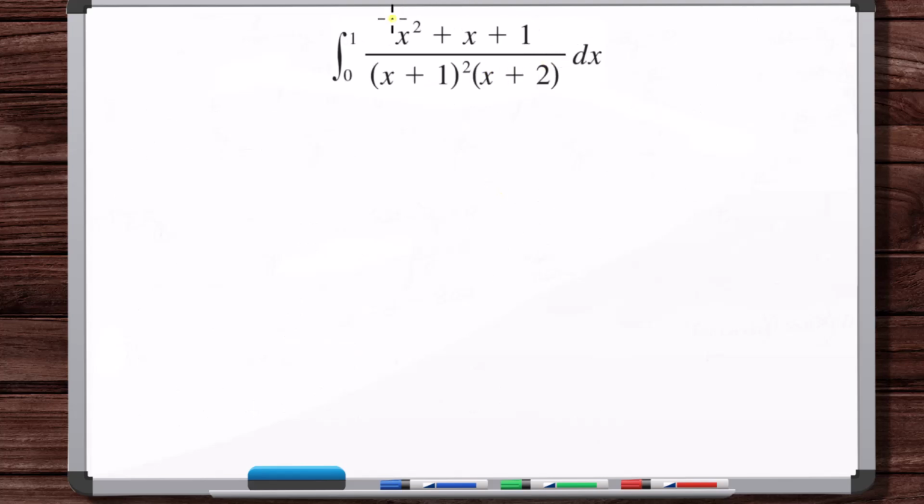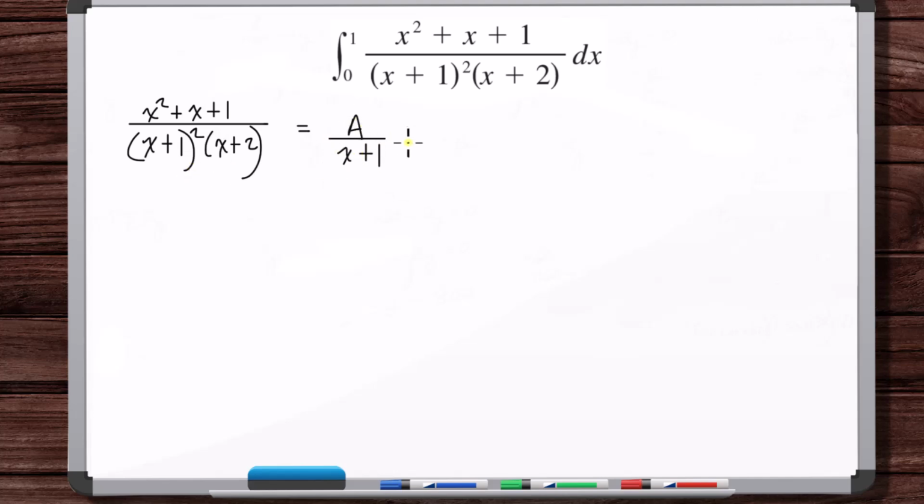Okay, let's do partial fraction decomposition. We can see the degree of the numerator is less than the degree of the denominator. The degree of the denominator is 4. So we've got, okay, the denominator is already factored, and we've got just 2 linear factors, but 1 is raised to the power 2.